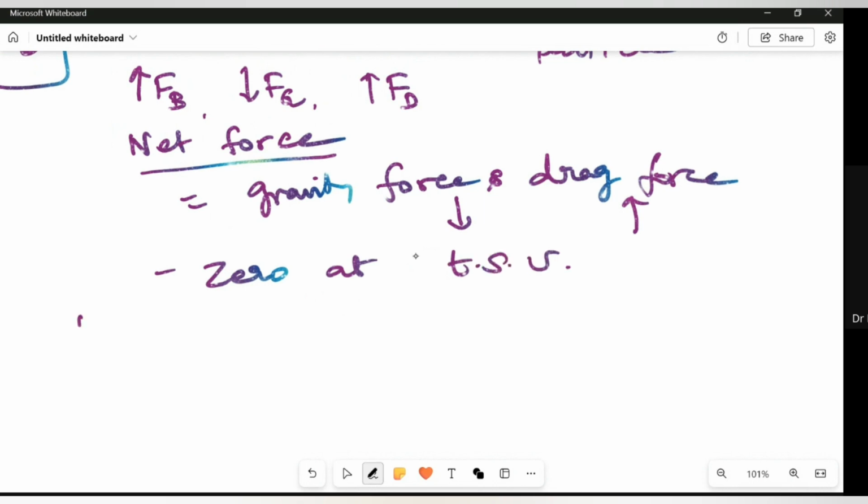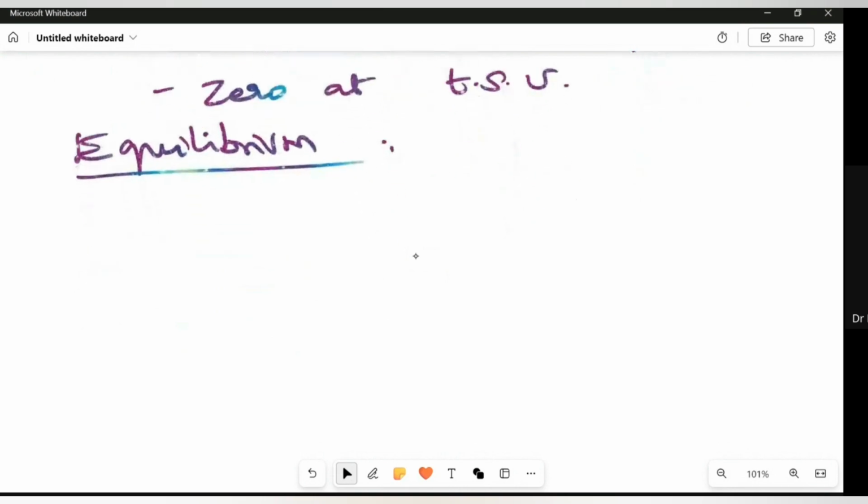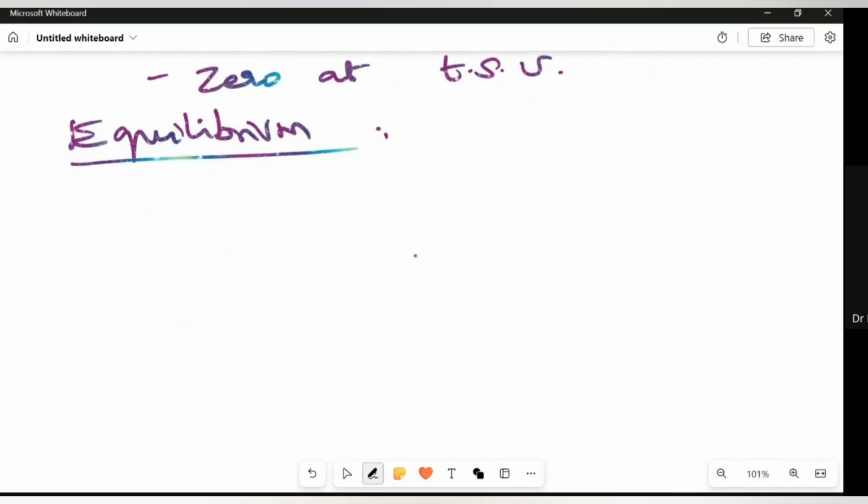And what is the equilibrium condition? The equilibrium condition is when this gravity force is equal to this drag force. That means the particle will reach a state of equilibrium and will descend with a constant velocity.